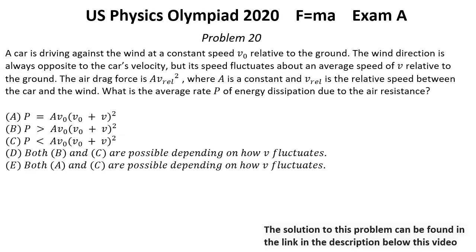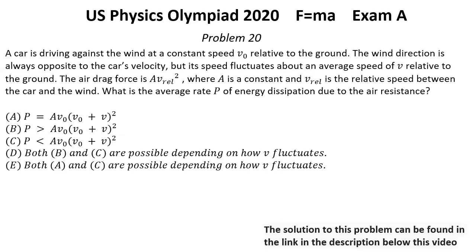Problem number 20. A car is driving against the wind at a constant speed v0 relative to the ground. The wind direction is always opposite to the car's velocity, but its speed fluctuates about an average speed of v relative to the ground.